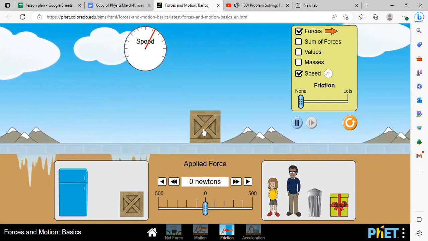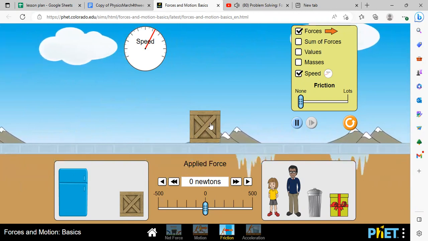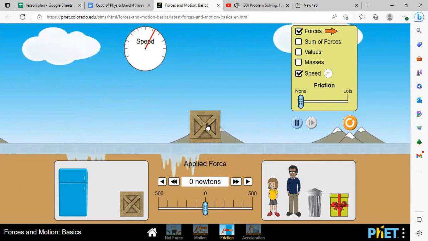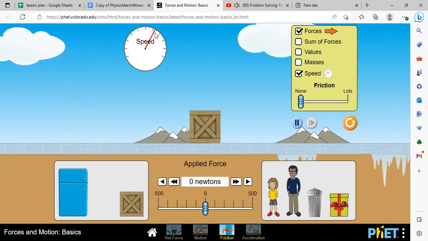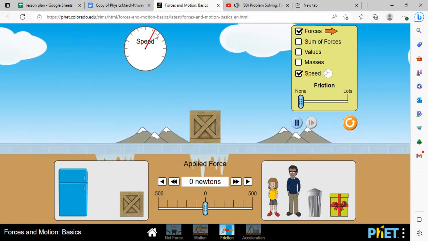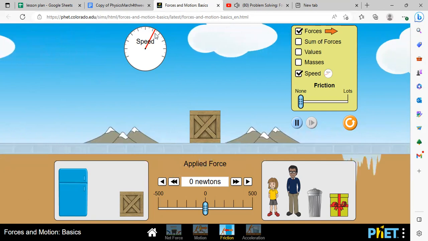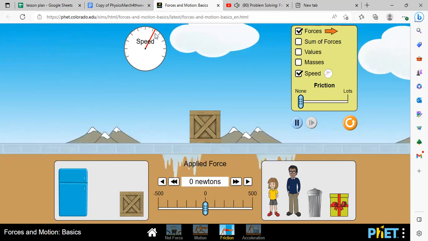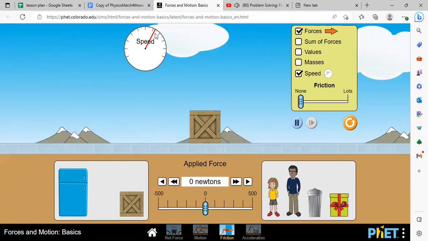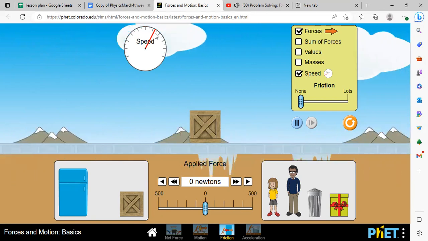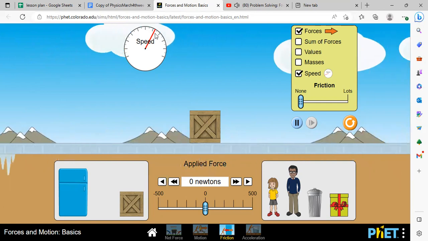So wala ng force na, since nawala ng contact dun sa tumutulak, then this object will have a constant speed. So tingnan niyo yung speedometer, hindi nagbabago. So bakit in real life hindi nangyari yan? Siyempre kasi may friction. So kahit ice yan, sa totoong buhay, kahit ice may friction. Pero in a frictionless plane, tuloy-tuloy dapat yung motion yan.